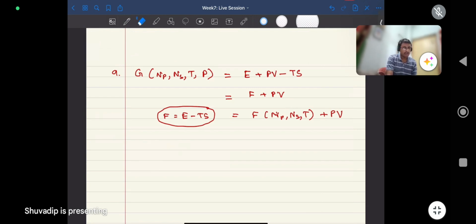All these are well defined for different variable sets. So all these are connected by some formula. There are multiple formulas like this. Also G is H minus TS, H is E plus PV. So all these formulas are there. You can consult any standard thermodynamics book to understand these formulas.